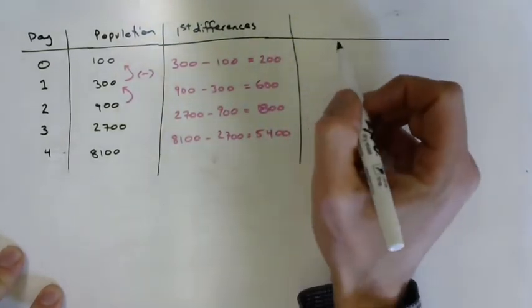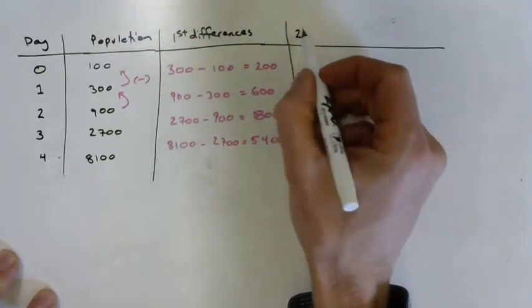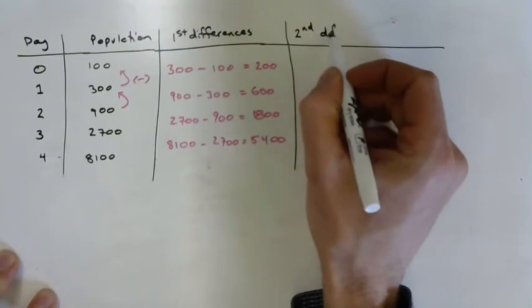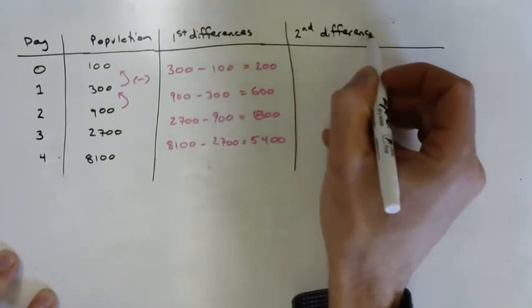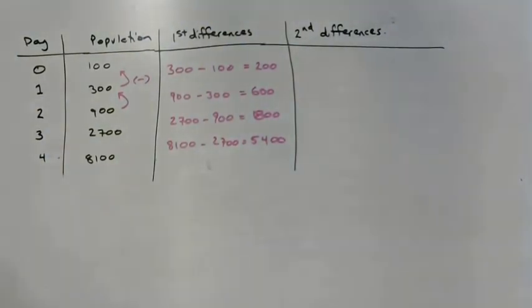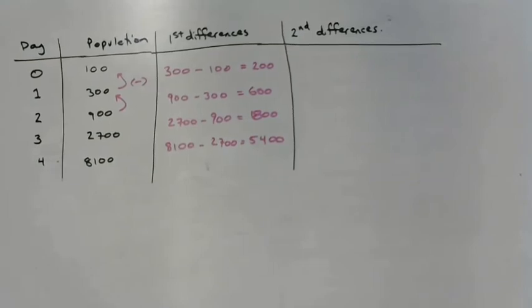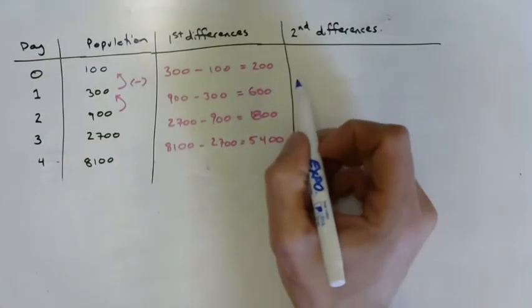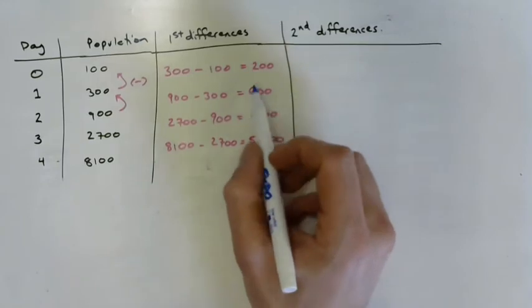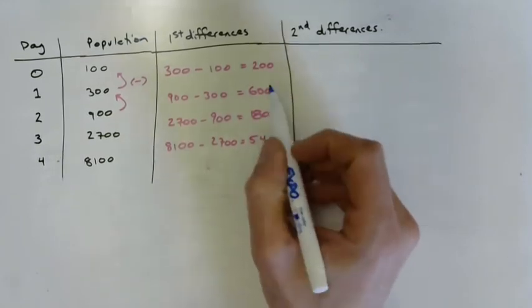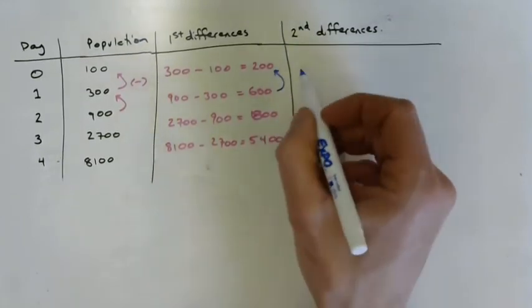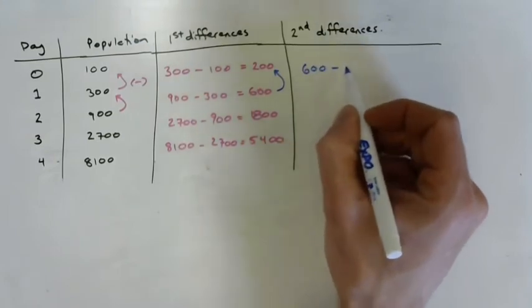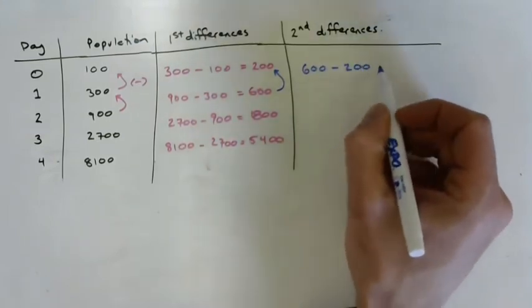What do you think about second differences? Are the second differences going to be constant? No. Okay, let's try our second differences. Second differences mean you're going to take the first differences and perform the same operation, y2 minus y1. So 600 minus 200.